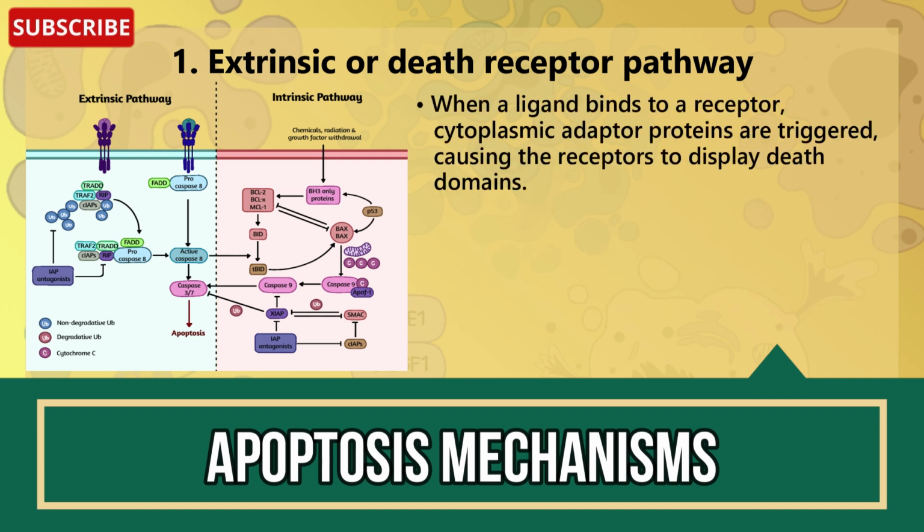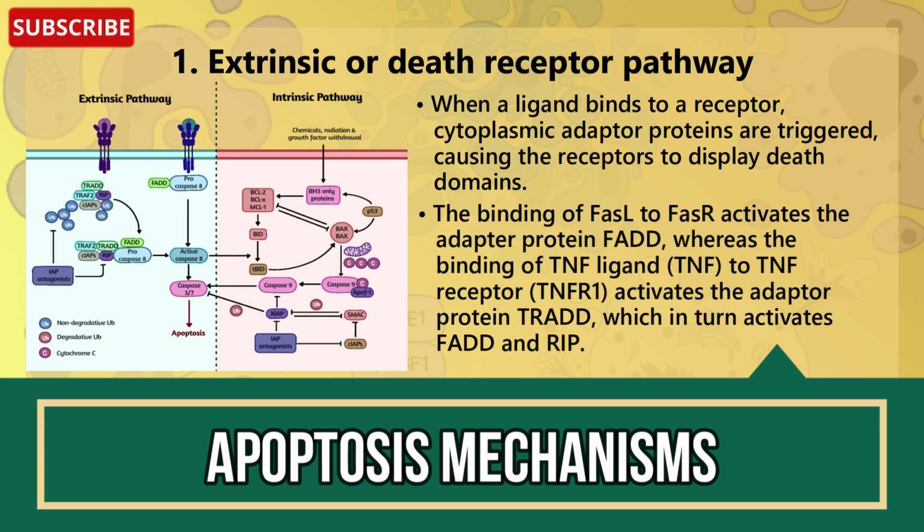When a ligand binds to a receptor, cytoplasmic adapter proteins are triggered, causing the receptors to display death domains. The binding of FasL to FasR activates the adapter protein FADD, whereas the binding of TNF ligand to TNF receptor TNFR1 activates the adapter protein TRADD, which in turn activates FADD and RIP.